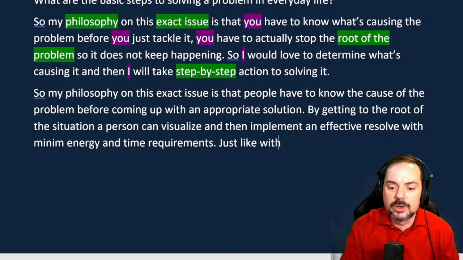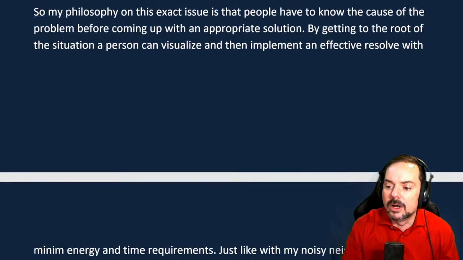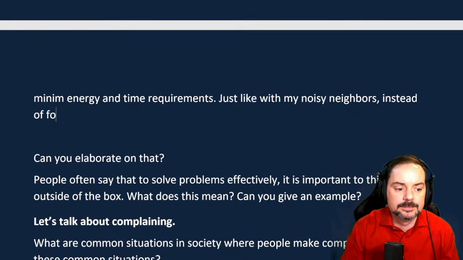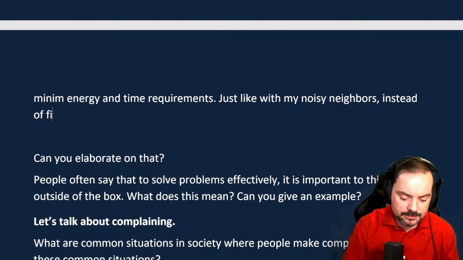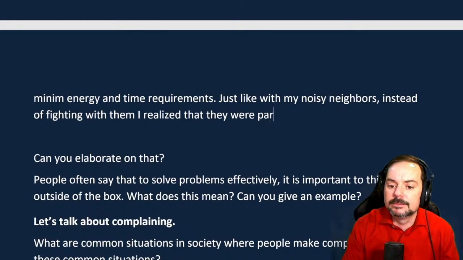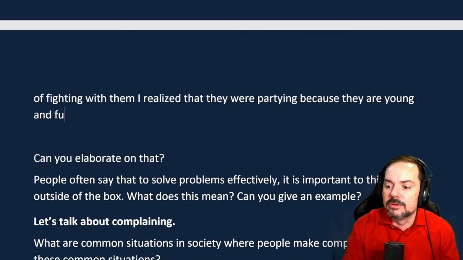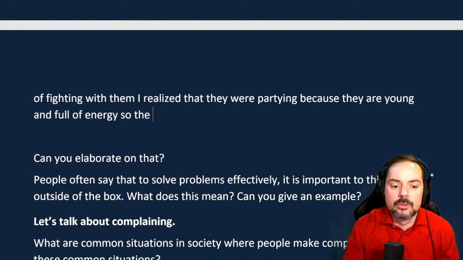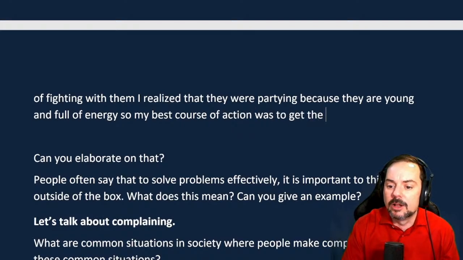Just like with my noisy neighbors, instead of fighting with them, I realized that they were partying because they are young and full of energy. So my best course of action was to get the help of authorities.